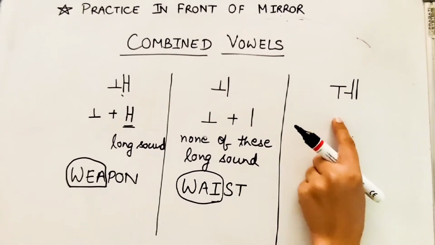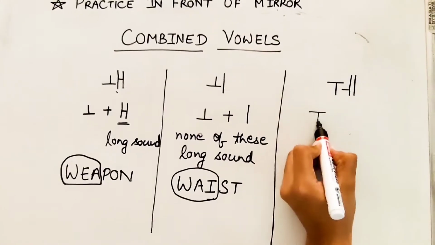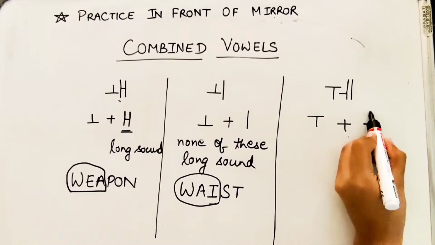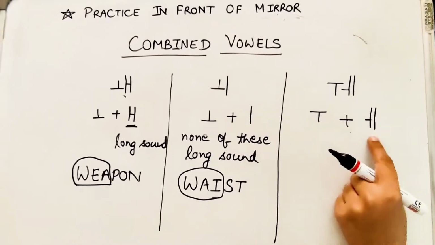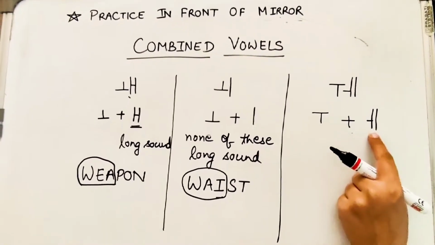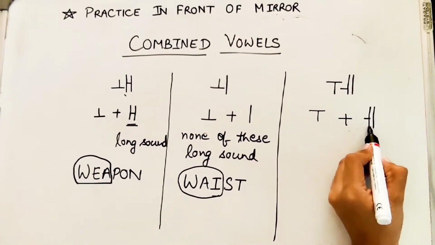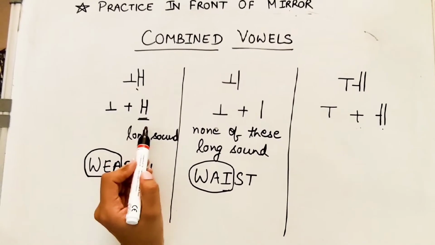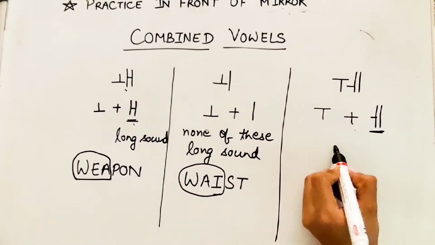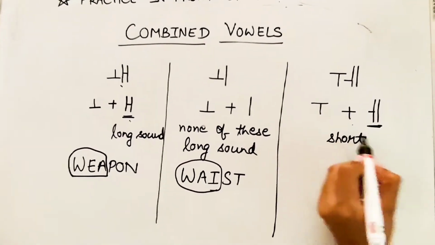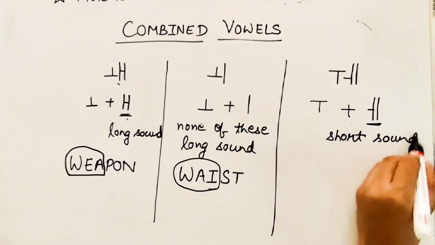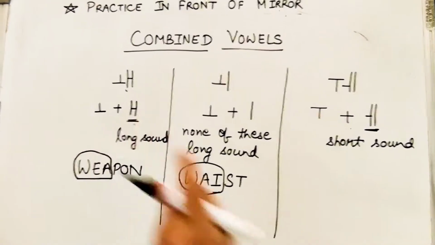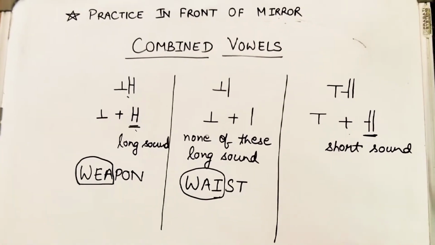Moving on to the next vowel. This is a combination of basic vowel U and the combined vowel E. You remember this vowel, right? We just did it a few moments ago. This vowel had a short sound as compared to this vowel. Remember that, right? So this has a short sound as compared to this vowel that has a long sound.